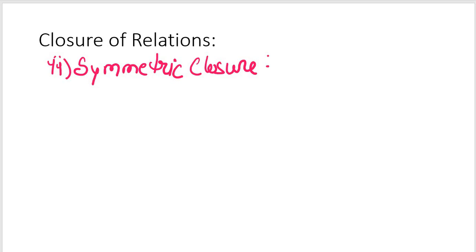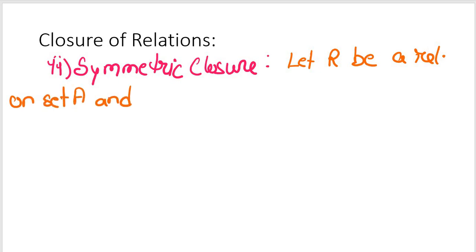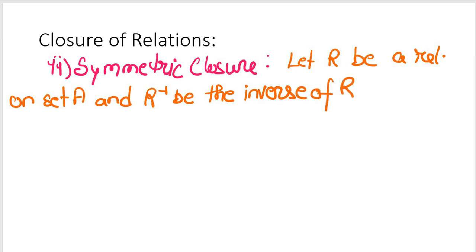So in this, we say that let R be a relation on set A and R inverse be the inverse of R as usual. So in this case, my symmetric closure on R will be R union R inverse.